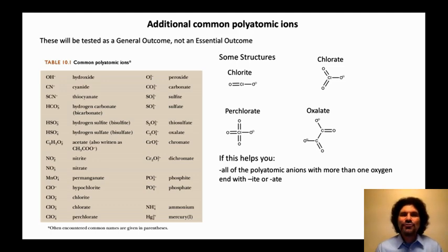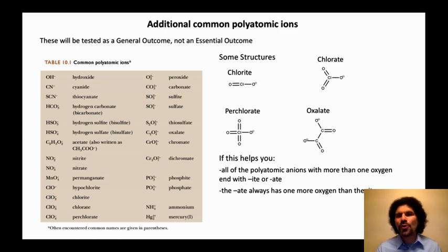So anyway, in terms of trying to systematize some of the rest of this, if what I'm going to say now helps you, use it. If it doesn't help you, don't use it. But all of the polyatomic ions with more than 1 oxygen end in ite or ate. And the ate always has 1 more oxygen than the ite does.